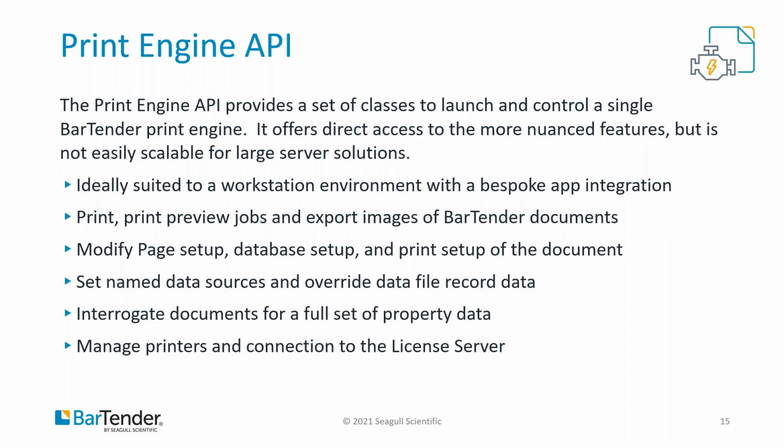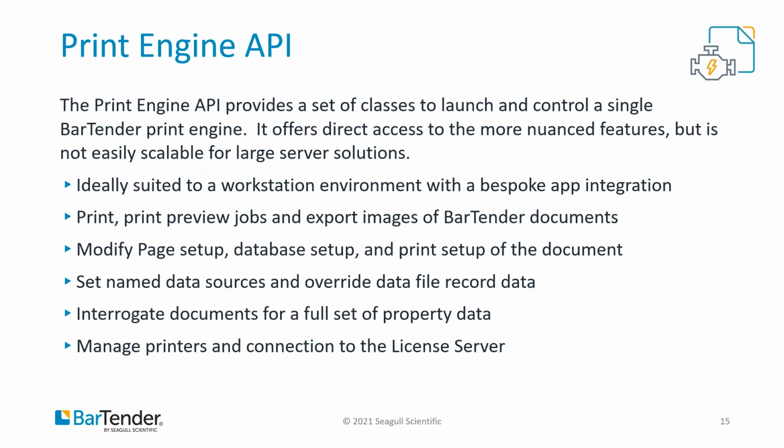It offers direct access to many of the more nuanced features of the BarTender software from an automation perspective. But because it's just the single print engine, it's not very scalable. So it's not necessarily suitable for large server solutions or implementations. Because of this, it's ideally suited for the workstation environment.